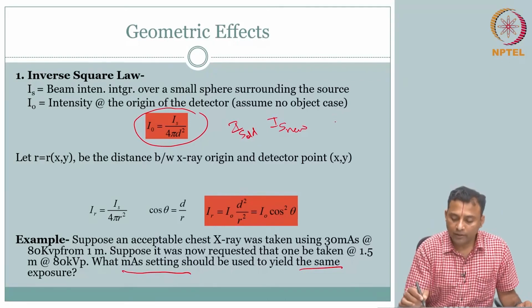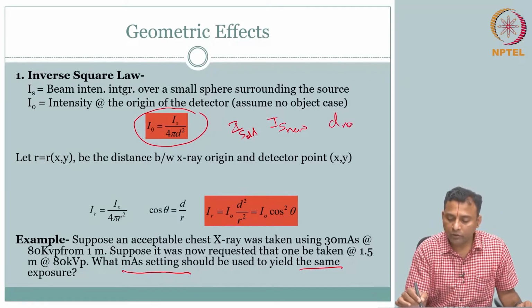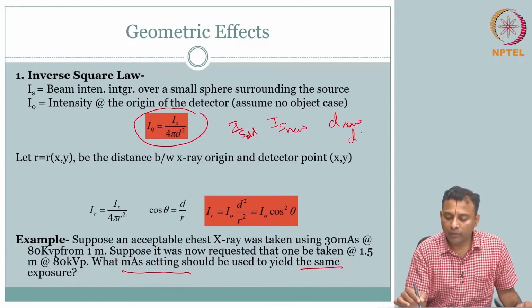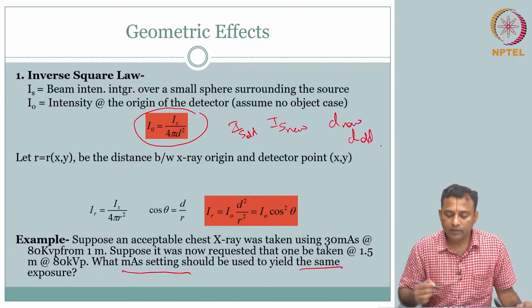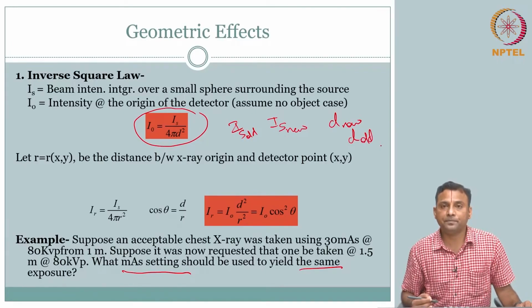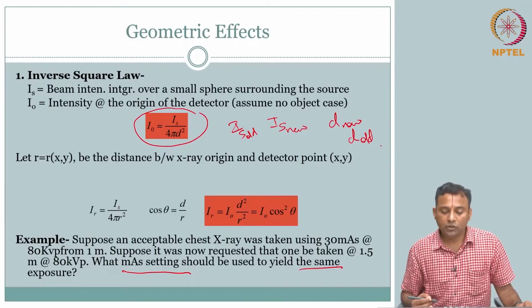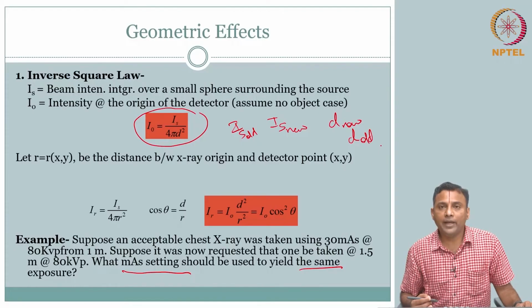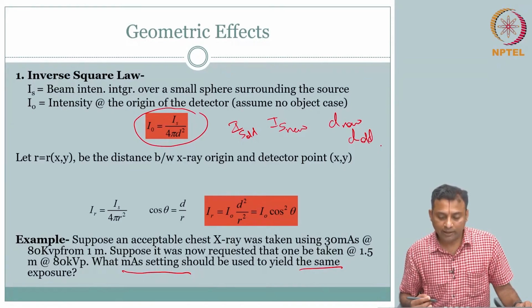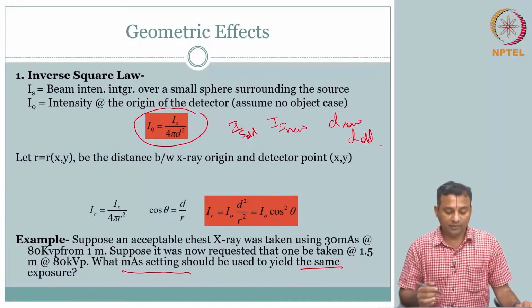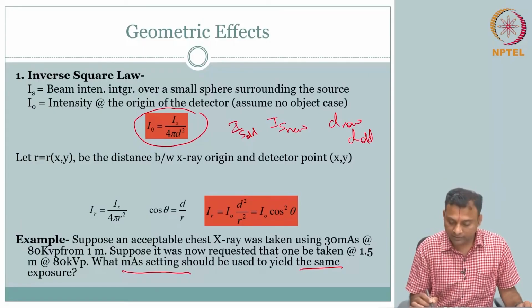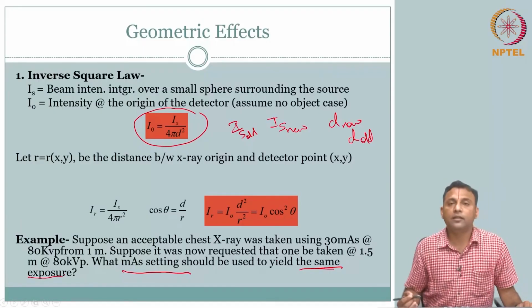I know my D new, and I know my D old is given. So if this is given, what do I need to do? Well, I have to make use of this fact: same exposure.